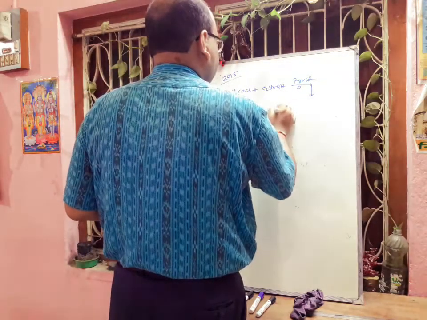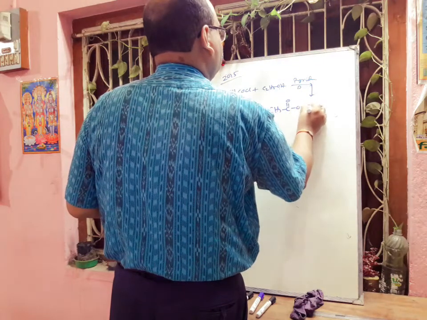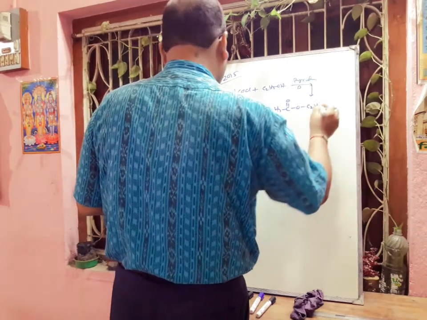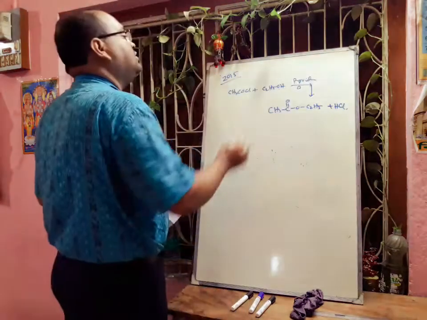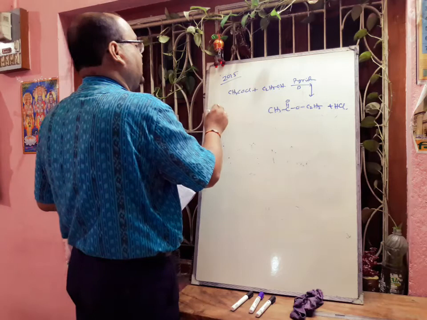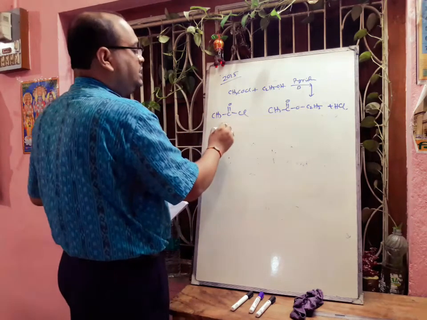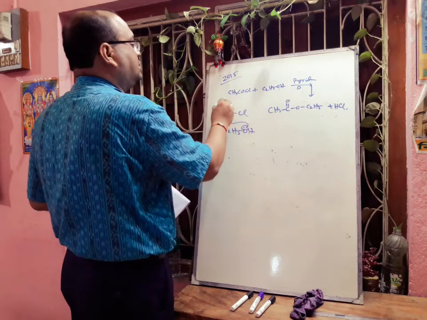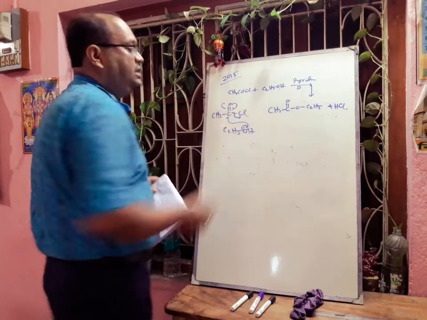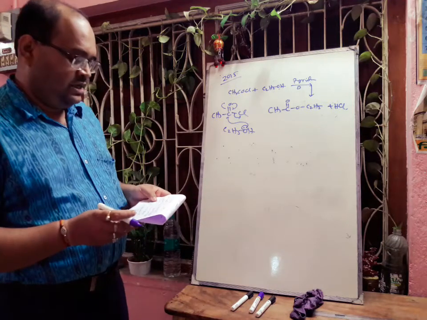There will be formation of ester, CH3COOC2H5 plus HCl. Actually, this alcohol will attack here. On CH3COCl, the C2H5OH will make a nucleophilic attack. And finally that chlorine will leave. So finally we will get the ester as a product.